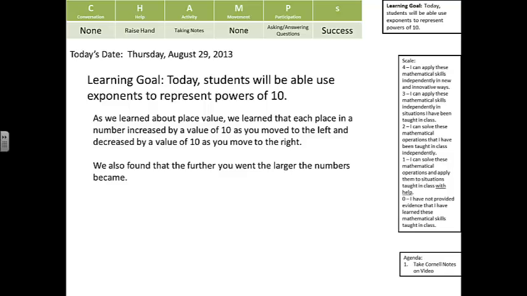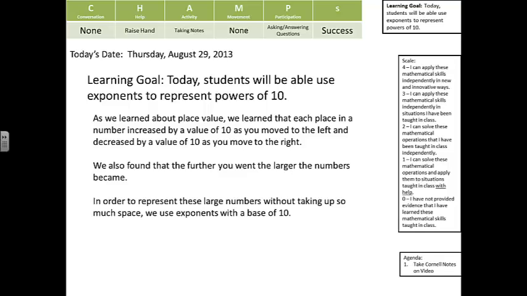So in order to not take up space, we have a new way of writing some of these very large numbers, and the way that we do that is we use exponents. We're going to talk about that on the next slide, where we actually identify what is a base, what is an exponent, and how do we use those to represent larger numbers.